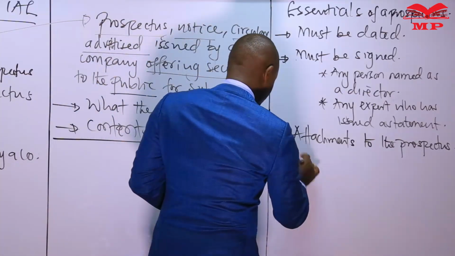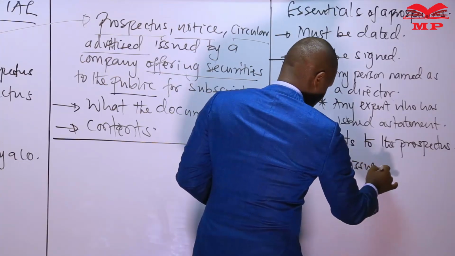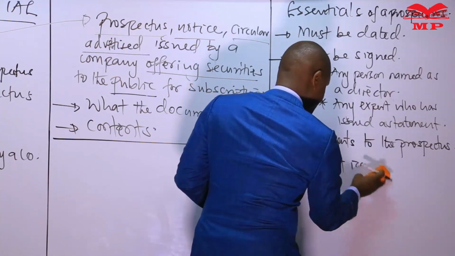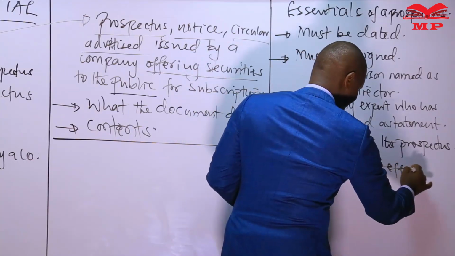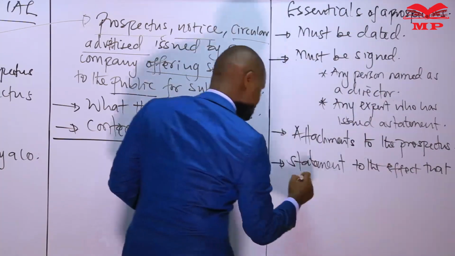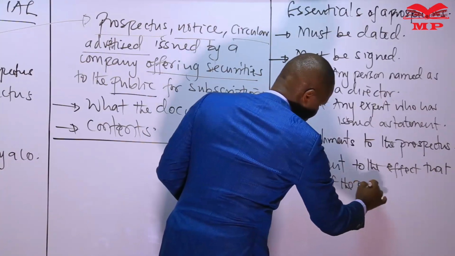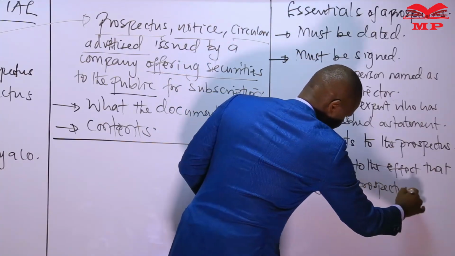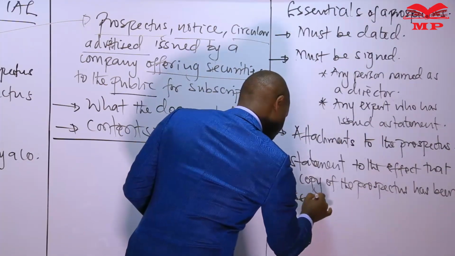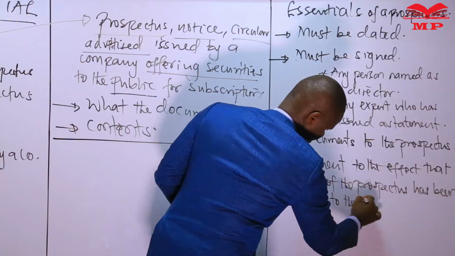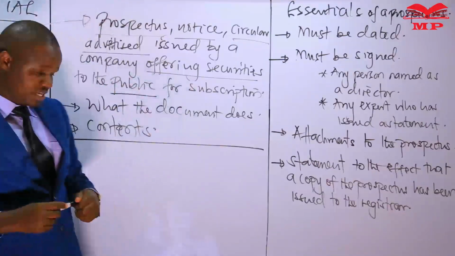Then finally, we must also have a statement. We must have a statement issued to the effect that a copy of the prospectus has been issued to the registrar.